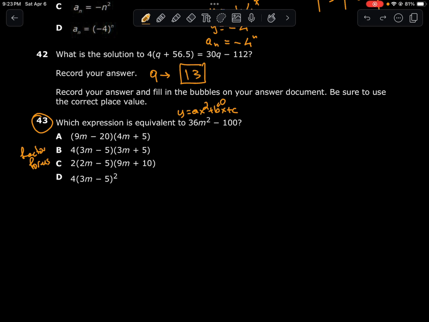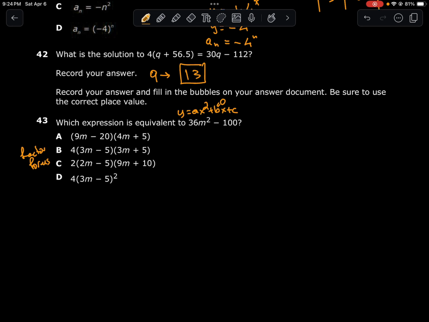Whenever we distribute anything, it's going to end up becoming the standard form, because the standard form, this one, is perfectly distributed. There's nothing else you can do to it. But those are if I want to work really hard. Here I can just put it on my calculator, especially during STAAR. You don't want to take chances getting tired before you're done.